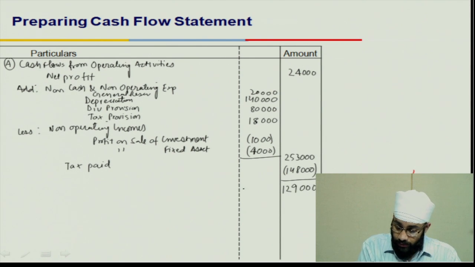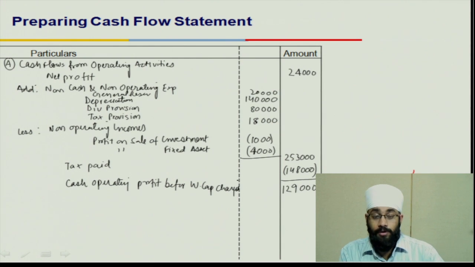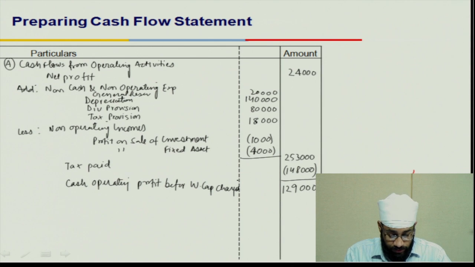This is the amount which is the cash operating profit before working capital changes. Now we need to adjust this amount for changes in working capital, and then we'll have the net cash from operating activities.